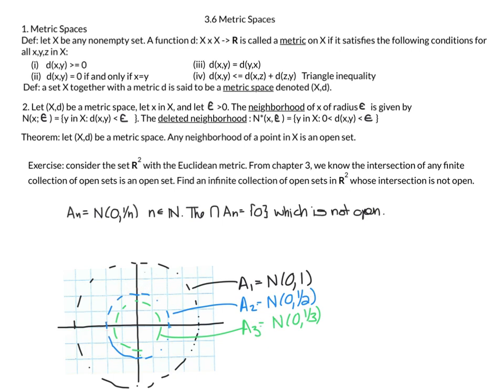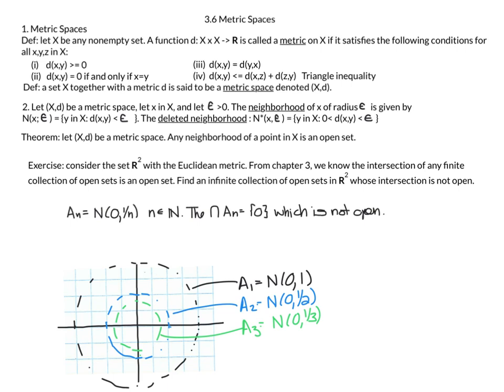And A3 is the neighborhood of 0 with radius 1/3. And again, they're nested. In other words, as n increases, each is contained in all the previous A sets, all the previous neighborhoods. And so when you keep going infinitely, they basically intersect at a single point, 0.